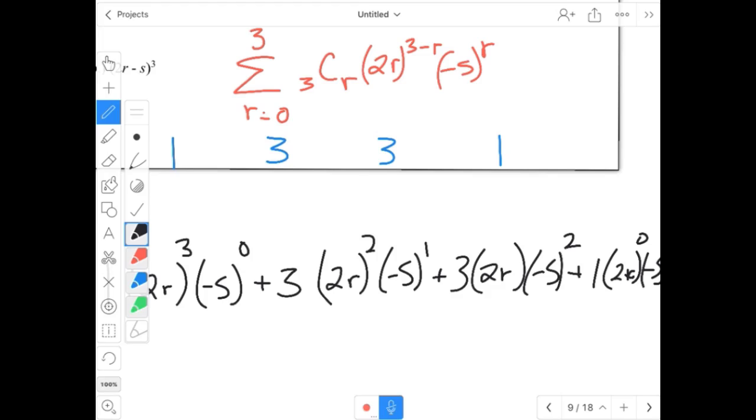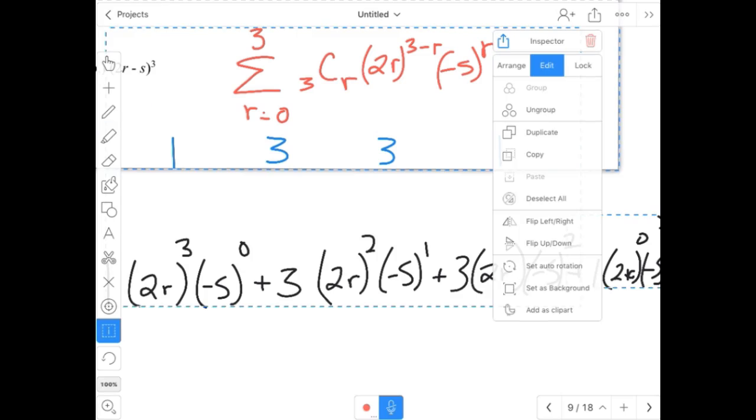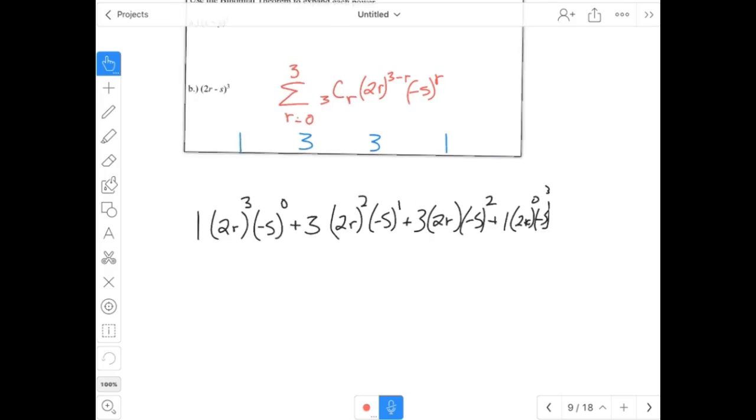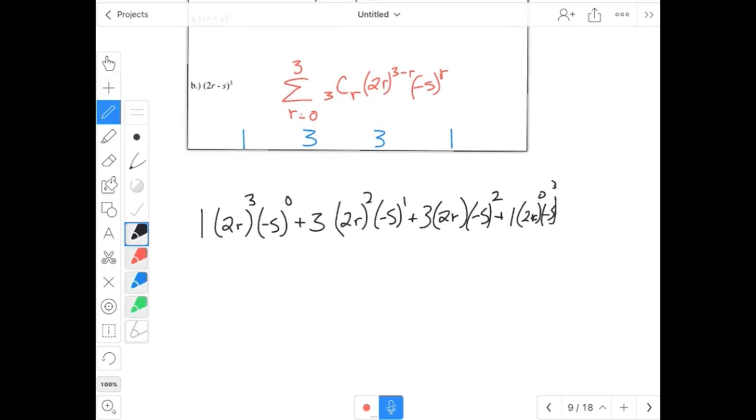These get so long. Okay, let me just make sure that those end up together. Yeah, we're fine. So let me simplify all these now, and then we'll be done.